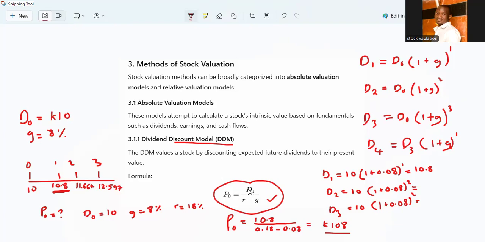You need to understand that this model is very important. Now, suppose we're told that the dividend in year one is 11 kwacha, the growth rate is 15%, and the market rate is 20%. What is the value of stock? How do you calculate this one?